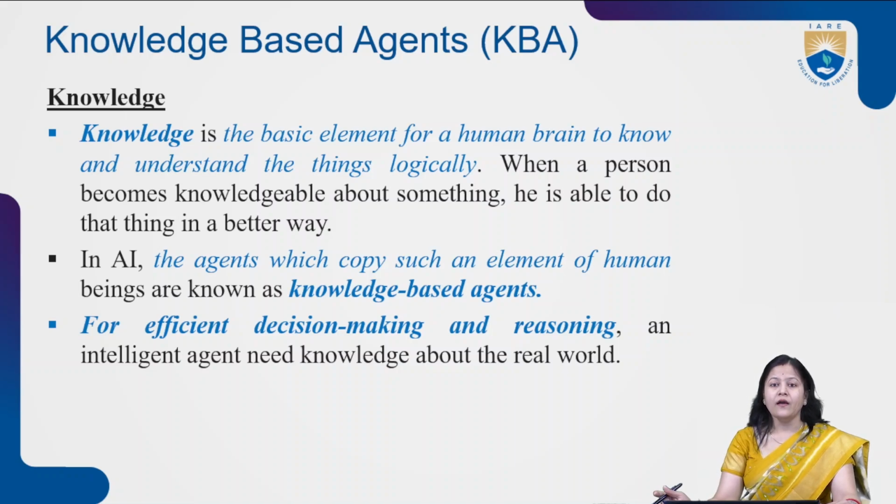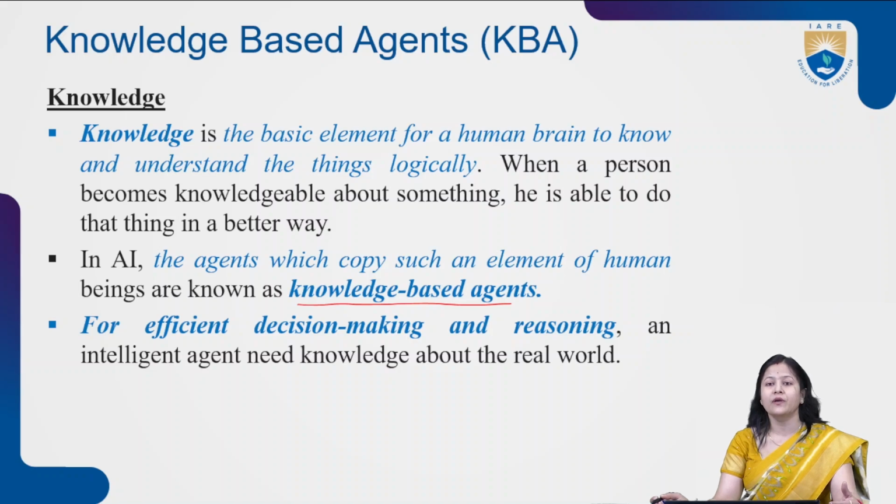Now in AI, the agents which copy such elements of a human being are known as knowledge-based agents or knowledge-based systems. So these are the agents which have knowledge like a human being. Like our robot: a robot is an agent having knowledge. The knowledge of human beings is incorporated inside the robot.